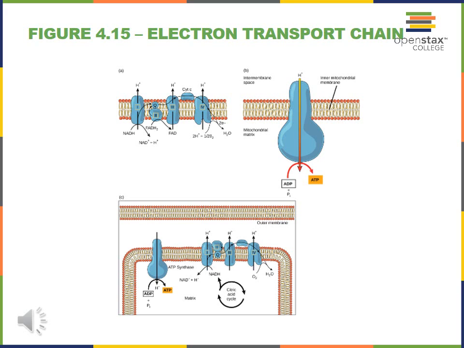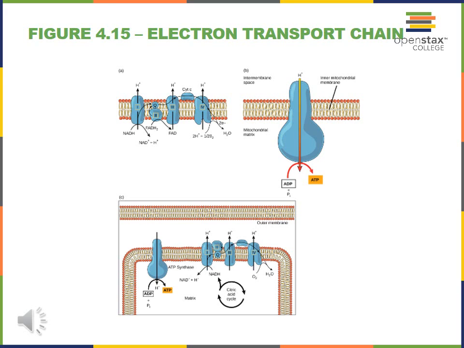And basically, it's a set of molecules that will support a series of oxidation reduction reactions. And then ATP synthase is a complex molecular machine that uses a hydrogen gradient to regenerate ATP from ADP. Basically, what I want you to get out of this is the use of the electron transport chain.